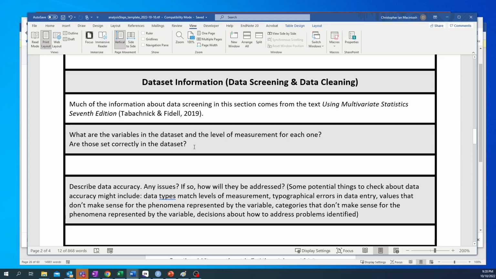Statistical software will let you set the level of measurement, and what level of measurement you have in your variables often determines the statistical procedures that you can conduct using those types of data. So you do want to double check this before running an analysis to make sure that each variable is identified with the correct level of measurement in your data set.